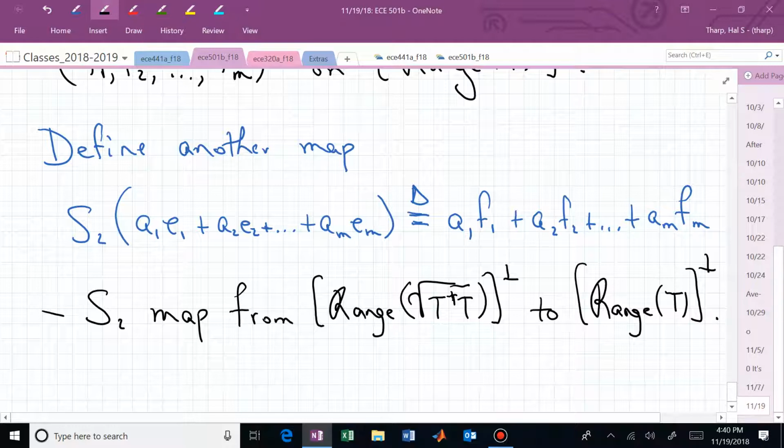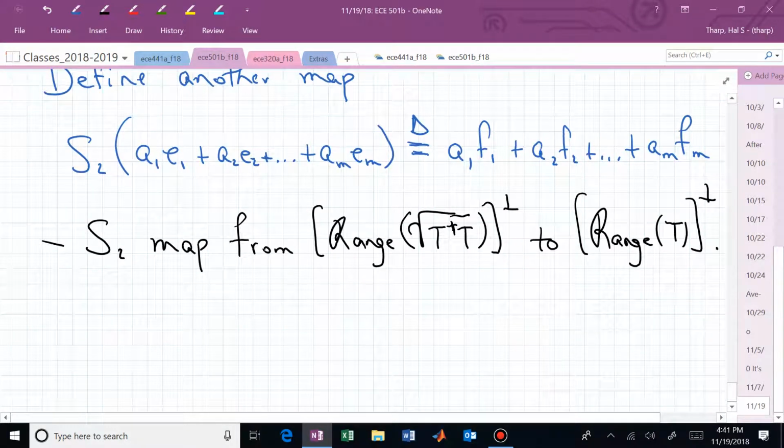So that's taking this m-dimensional set of vectors, this list of m vectors, rotating it into another list of m vectors. And the weighting coefficients, these a's, are the same.